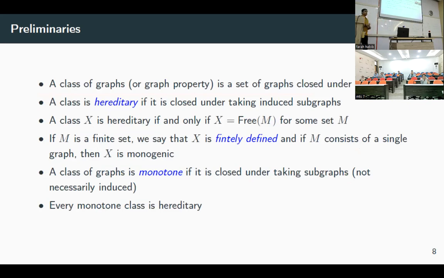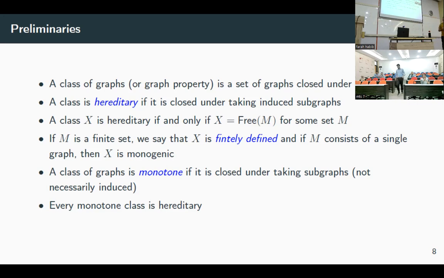A class of graphs, or a graph property, is a set of graphs which is closed under isomorphism. We say that a class is hereditary if it is closed under taking induced subgraphs.